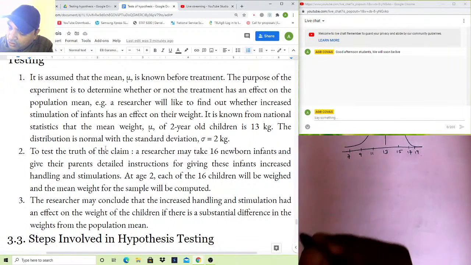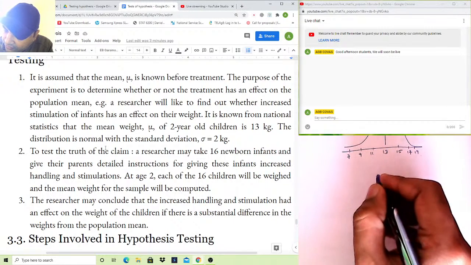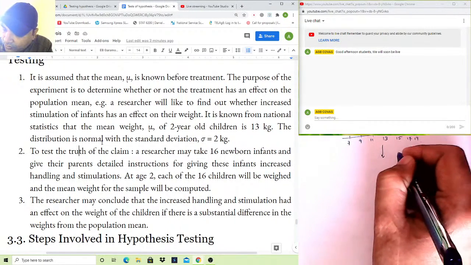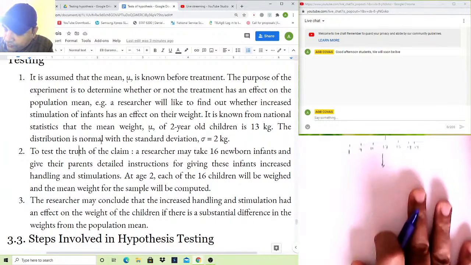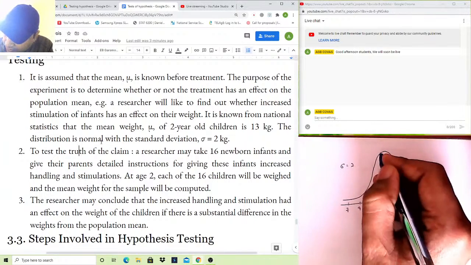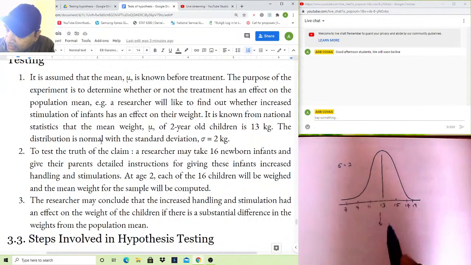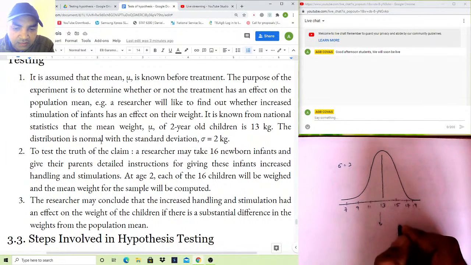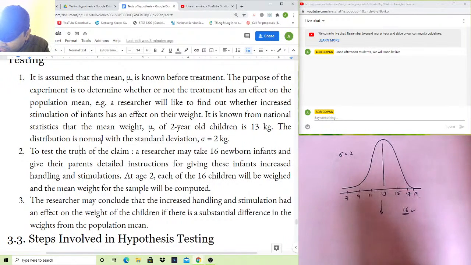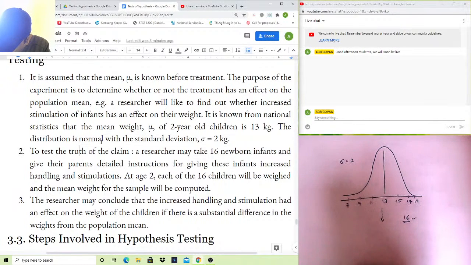Okay. Now, if we have taken a sample out of this population, we have made this graph for a population, and out of this we have taken around 16 children, right? And we plot the parameters again.